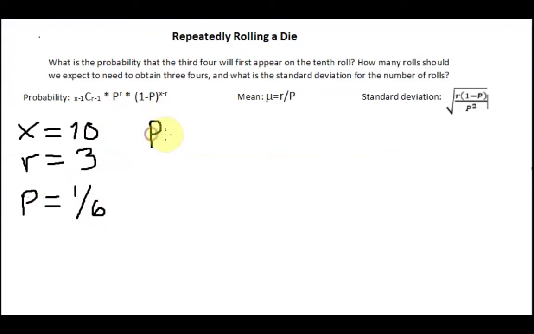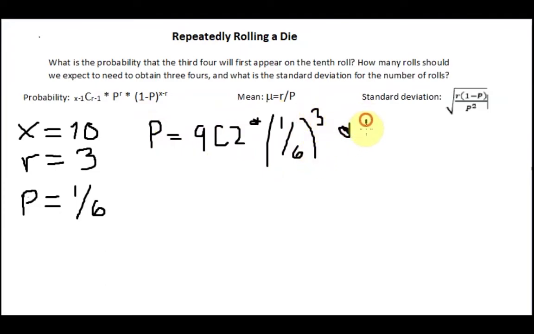The probability is equal to 9 combination 2 times (1/6) elevated to the third times (5/6) elevated to the seventh.